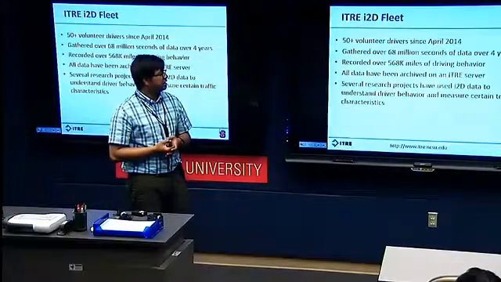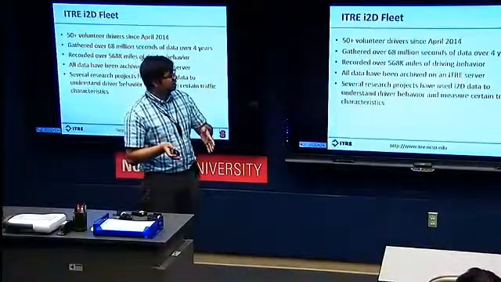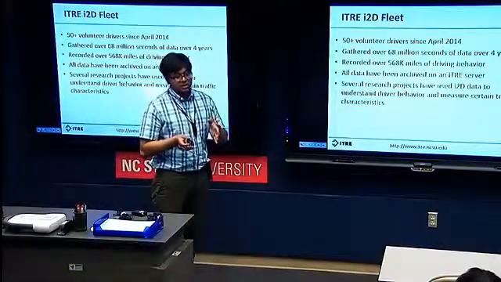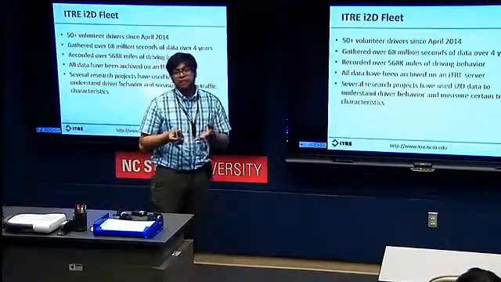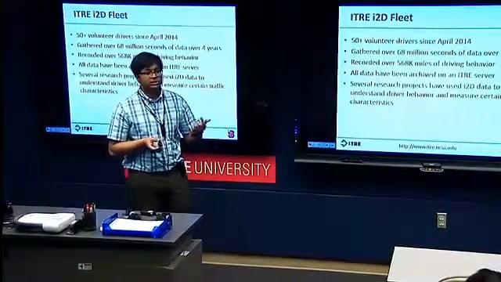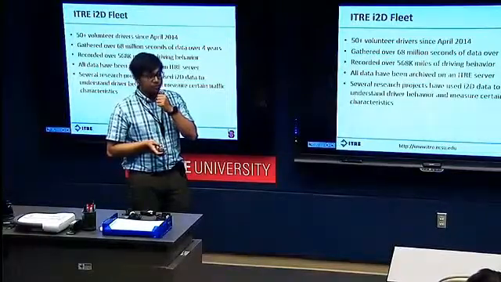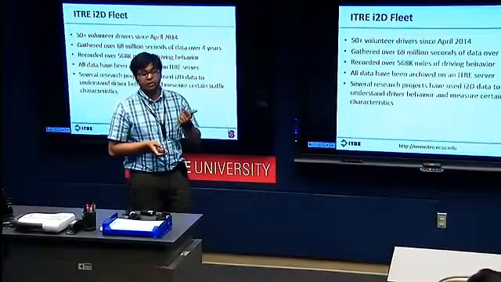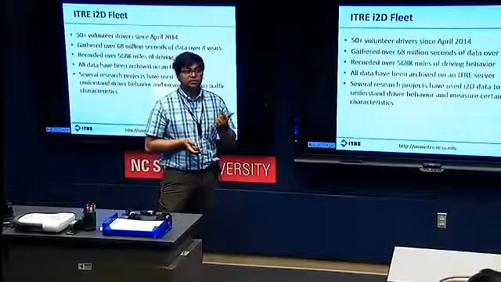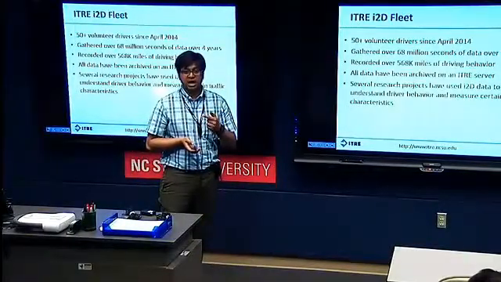That is 568K miles of driving behavior. All the data we have archived on a server. And of course, if you are planning to use connected vehicle information like this, these are privacy protected, so we had to go through a very complicated institutional review board authorization process, sometimes called the IRB.